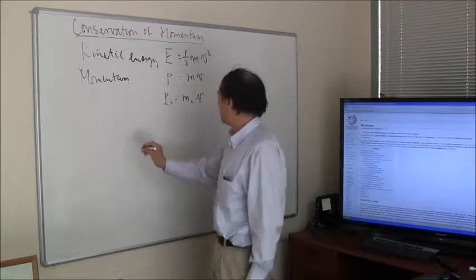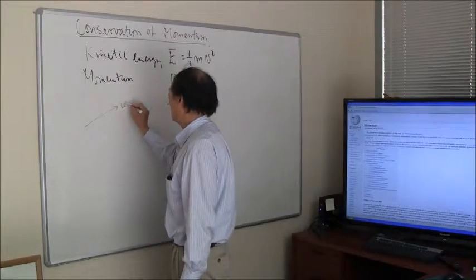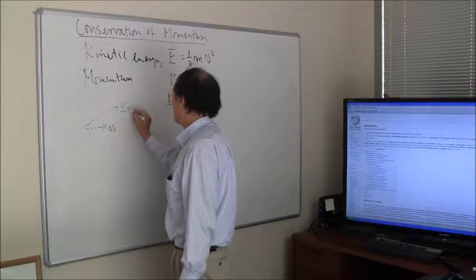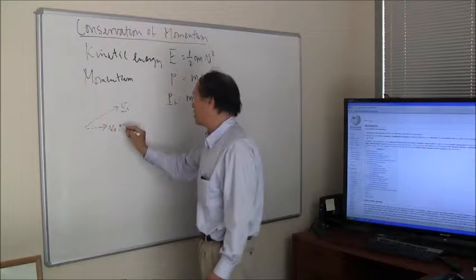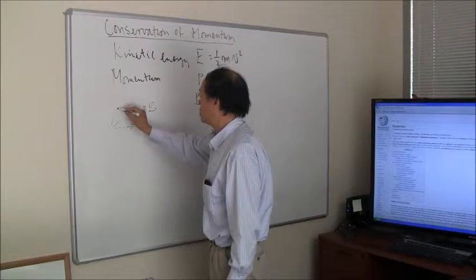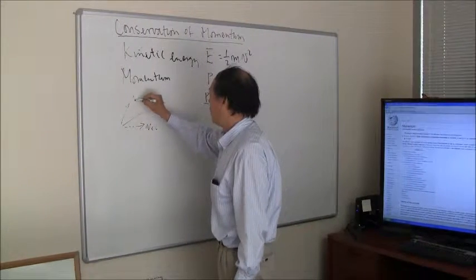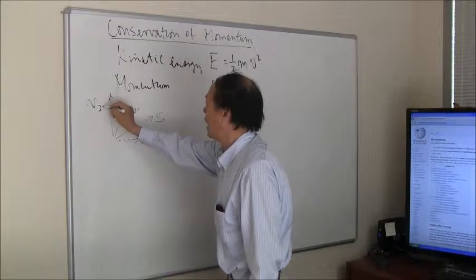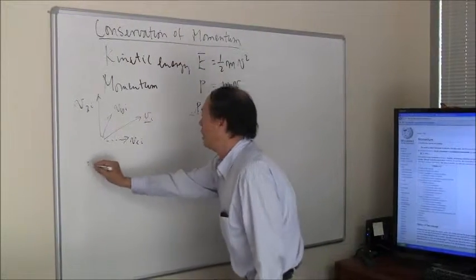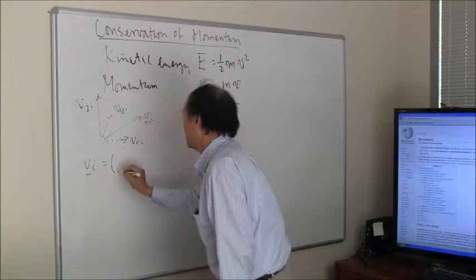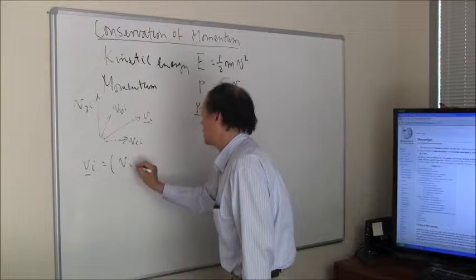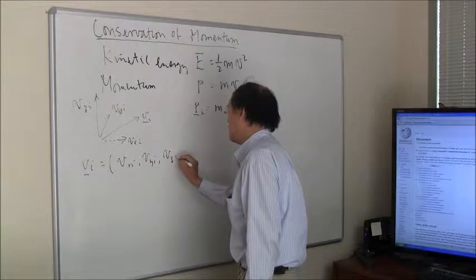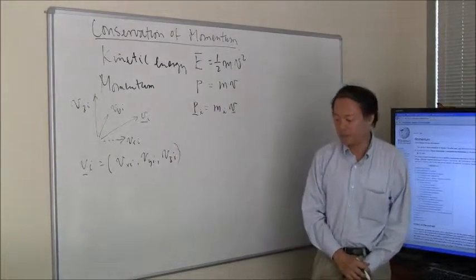The velocity v comprises vx_i in the x direction, vy_i in the y direction, and vz_i in the z direction. So v_i is a vector of the form vx_i, vy_i, vz_i.